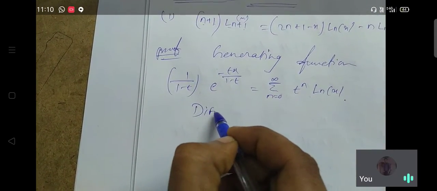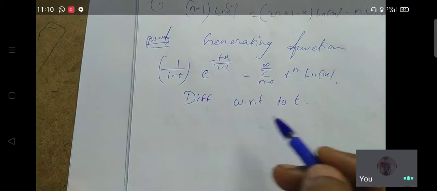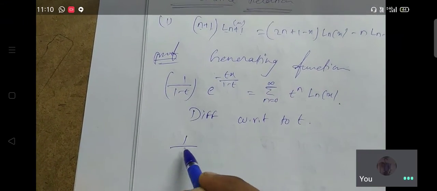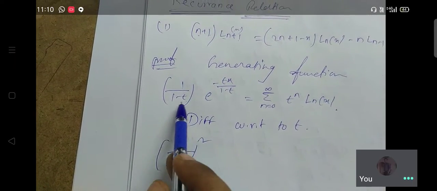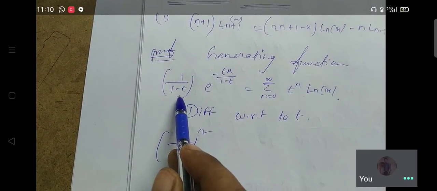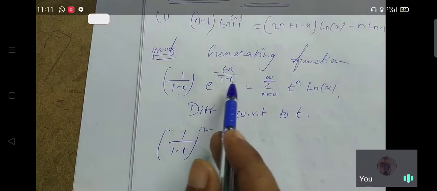Now differentiate with respect to t. We get 1 over (1 - t)^2. Differentiate uv, considering this is u and this is v.